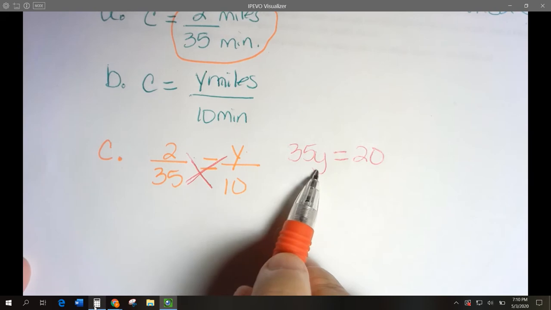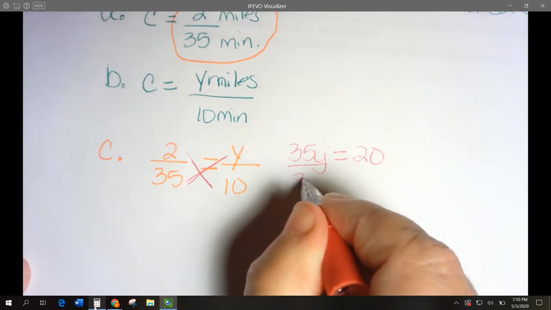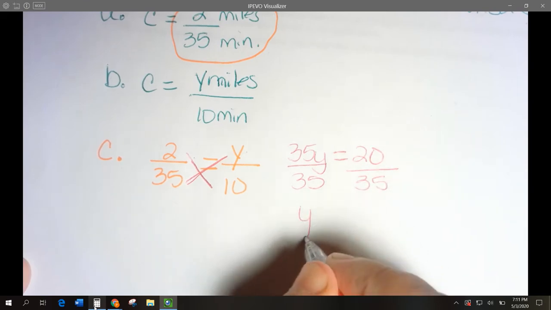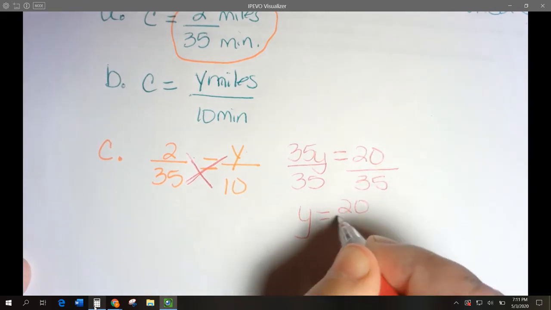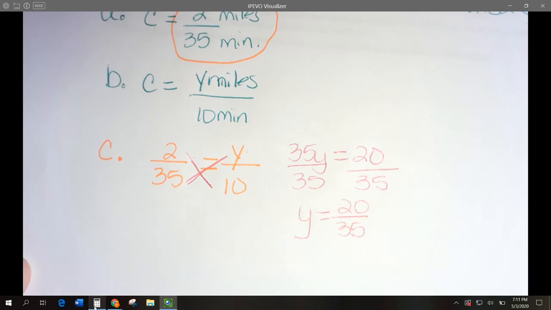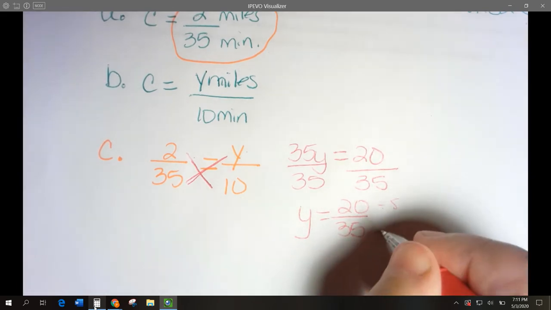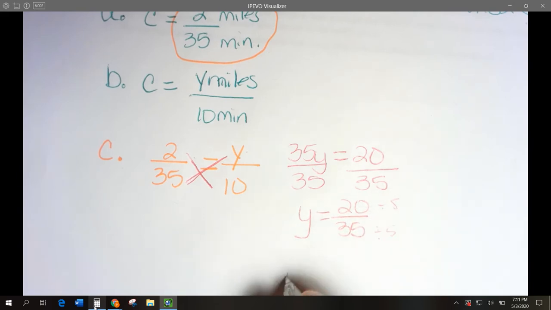Then to solve for y, we have to divide by 35. And y is going to be 20 divided by 35. Now if we want, we can simplify this by dividing both the numerator and the denominator by 5. And y would be 4 over 7.